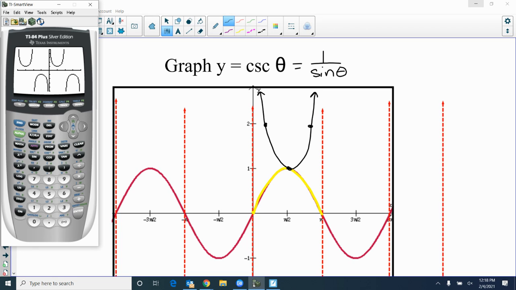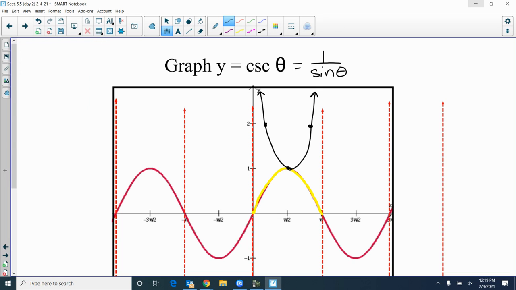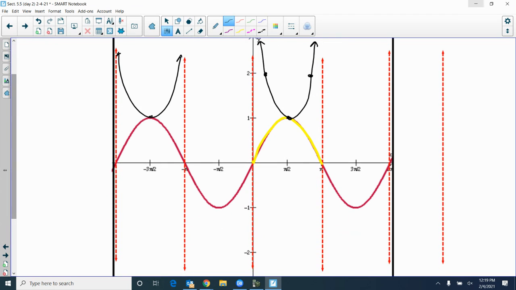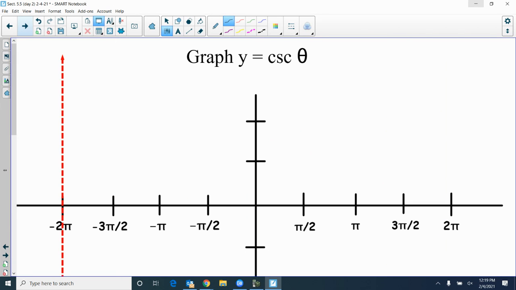So in between the asymptotes is basically going to be an upside down parabola shape. Right here, that's going to go up. This is going to go down, but it's going to hit at that 1 or -1. And then this is going to go down for that.